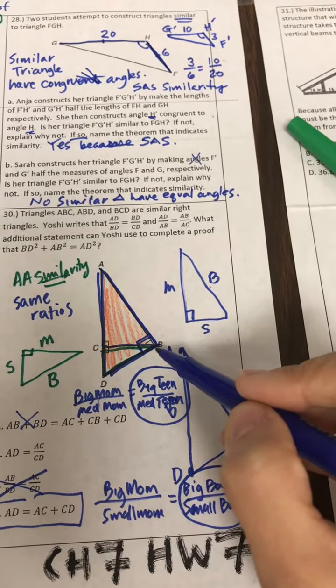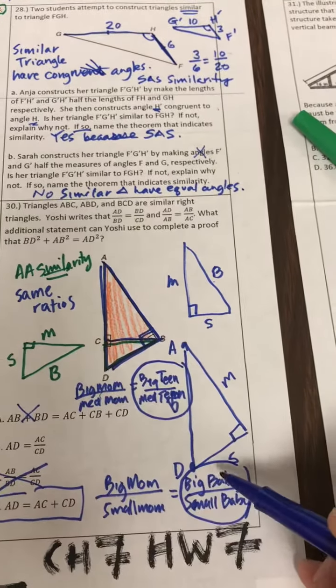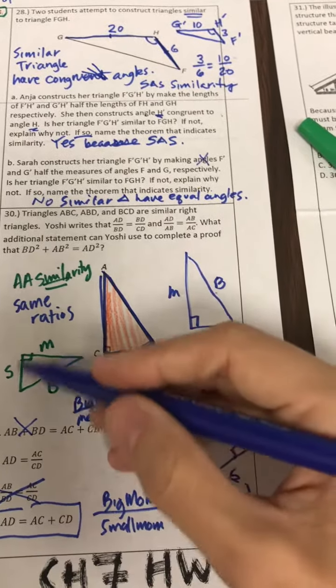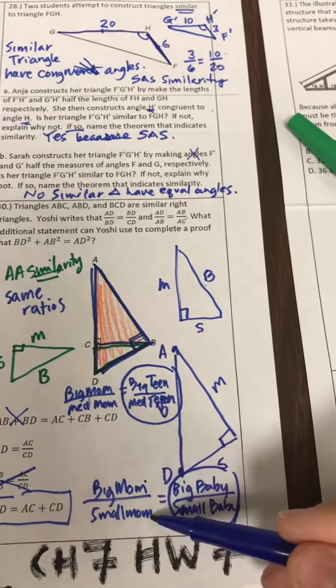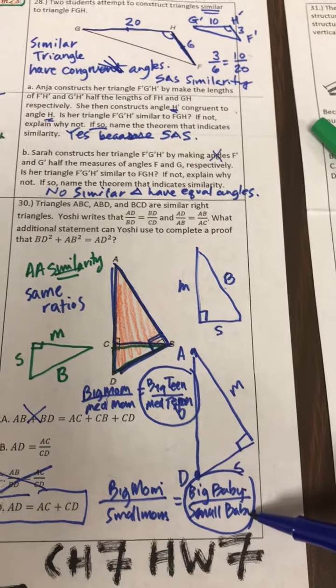BD would be the big side of this baby, and CD is the small side of the baby. So it should make sense that the big side of mom over the small side of mom should be the same ratio as the big side of baby over the small side of baby.